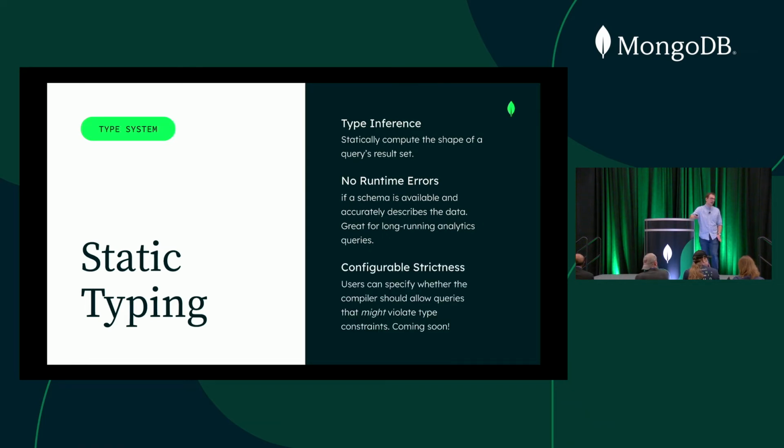Now, you can imagine that there might be some cases where all this compile time checking might actually become more of a hindrance than a help. You can imagine, for example, there might be some situations where you, as a human, know some things about your data and your query that the compiler isn't quite clever enough to figure out, and it doesn't let you run a query that you know should be valid.